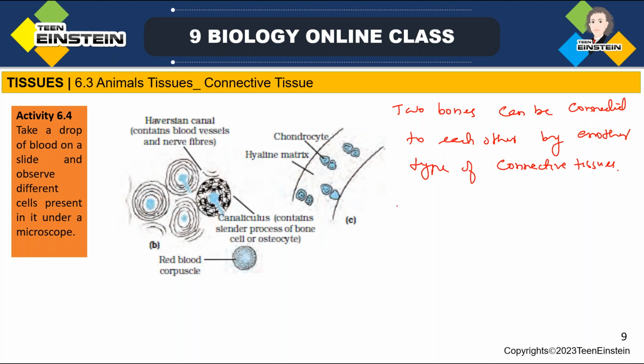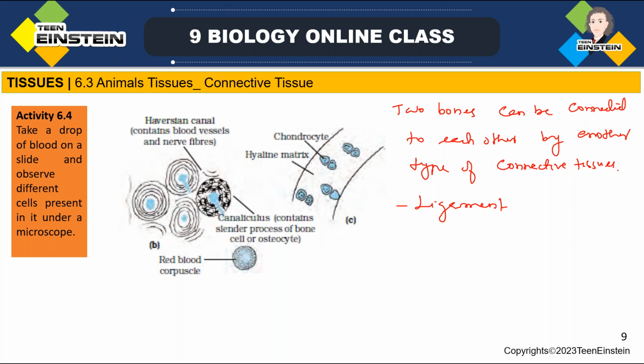That connective tissue is called ligament. See, bones are very strong, and there is another type of connective tissue which is connecting these hard bones, and that is called ligament.